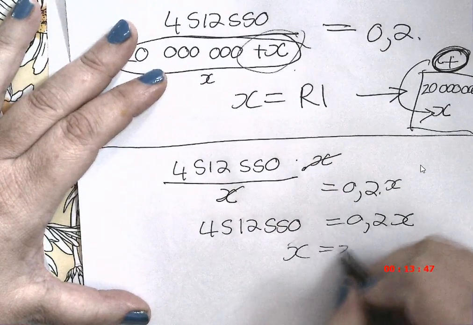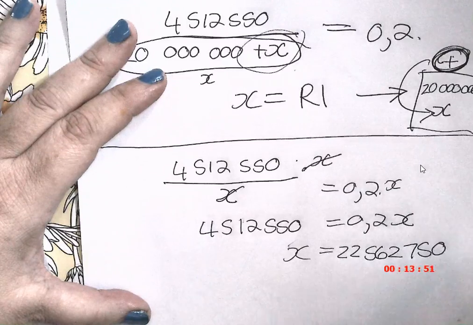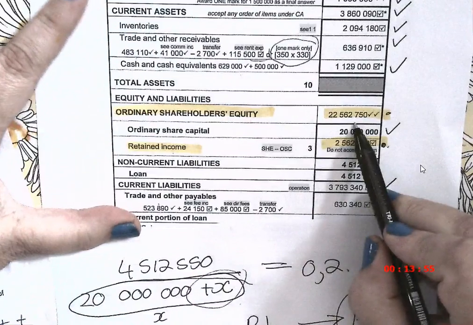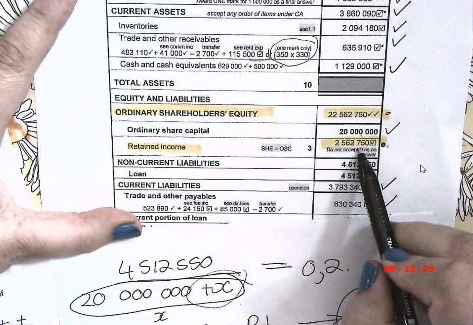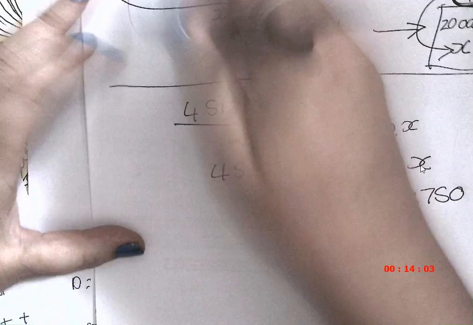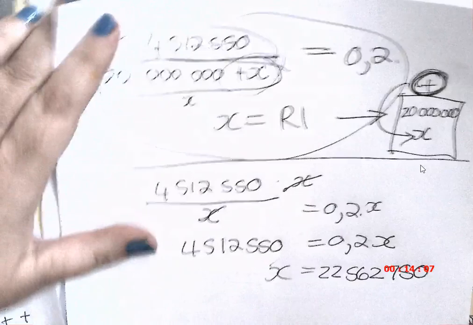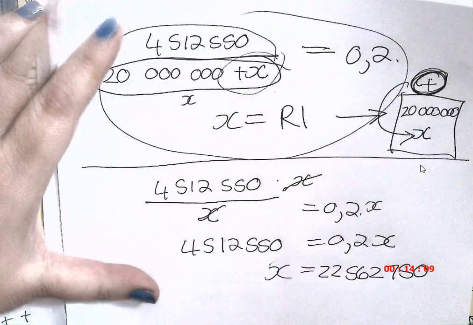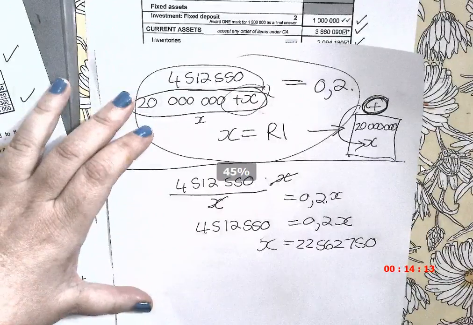So X equals 22562750, which I got here, you see? And now I just say that 22 less the 20 gives me the 2.5. If I want to continue with this one, if I wanted to calculate the retained income, I would do it exactly the same. Let me make this smaller.